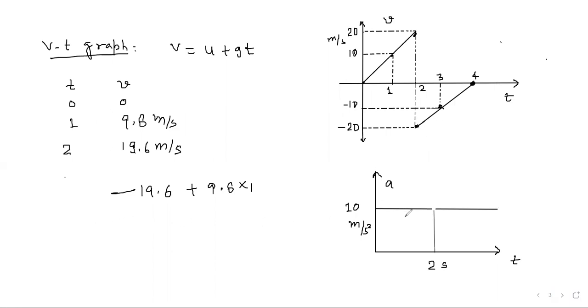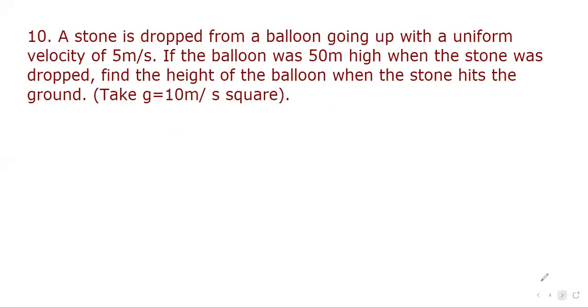As far as the acceleration time graph is concerned, acceleration remains constant, except at the point when the ball rebounds. It changes its direction, so we have to ignore that point. After that, again, acceleration will remain the same, 10 meter per second squared.